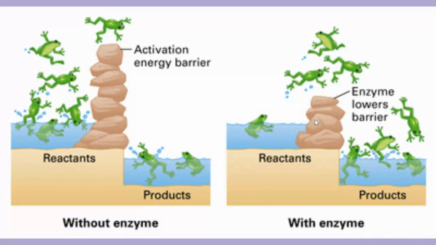But when you do have an enzyme, they lower the barrier. They lower the activation energy, and it makes it happen a lot faster. And by it, I mean the reaction. So the reactants can become products much faster with an enzyme because it has a lower activation energy barrier.